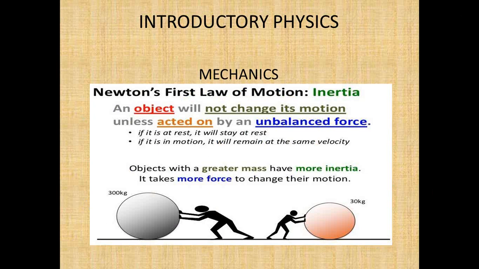You know, if an object has a large inertia, it's going to have a large mass, and it's going to take more force to change its direction. So think of inertia and mass as the same thing. Inertia and mass are not quantities that are going to change. These are fixed quantities.